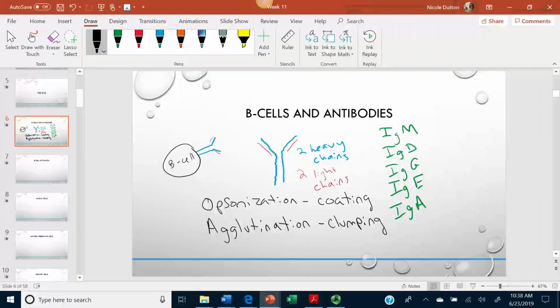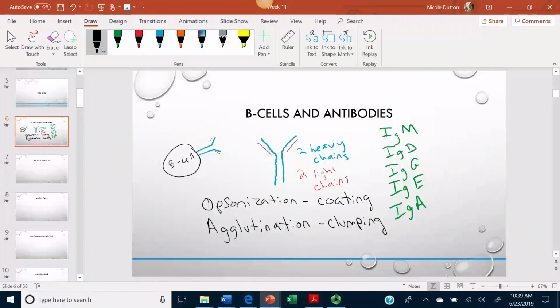So opsonization. We talked about how a pathogen makes you sick. It has to enter, it has to stick to you, and then it can start making you sick. It has to survive your immune system and so forth. What opsonization does is coat the pathogen with antibody. If the pathogen is covered with your antibodies, it can't stick to you. So that helps clear it from the body.